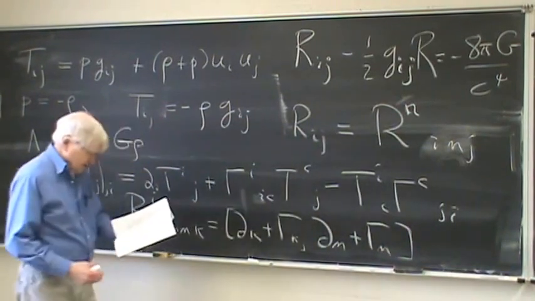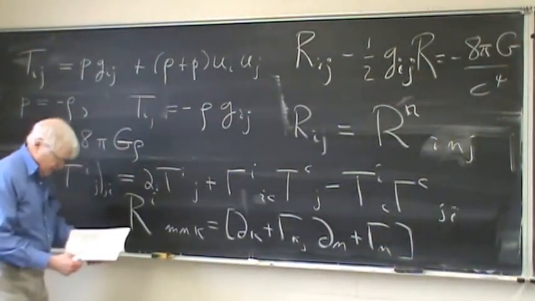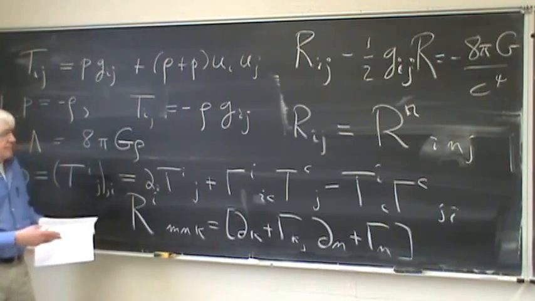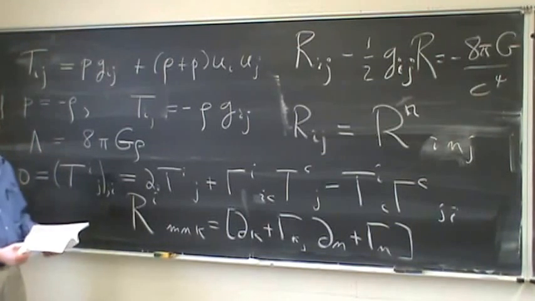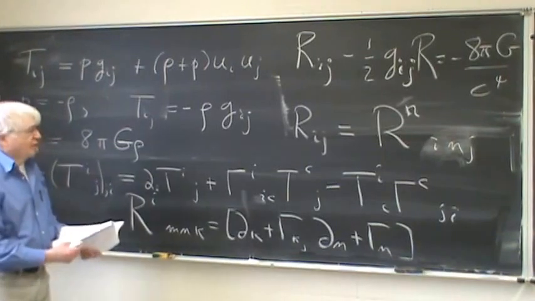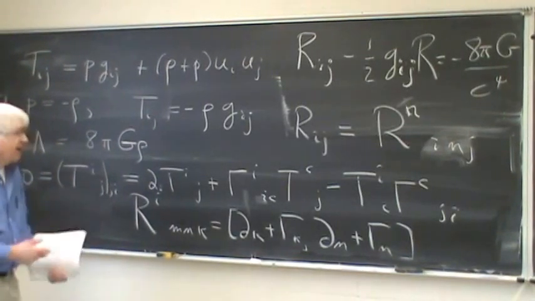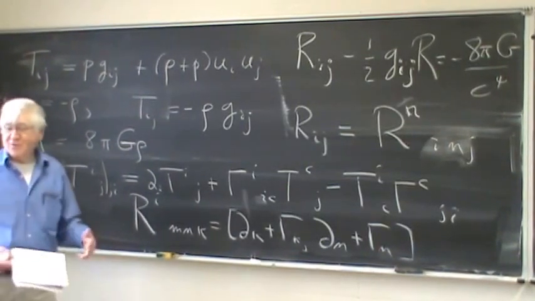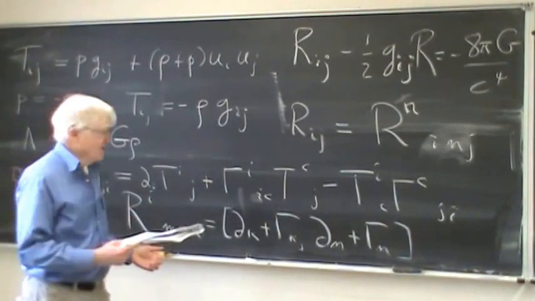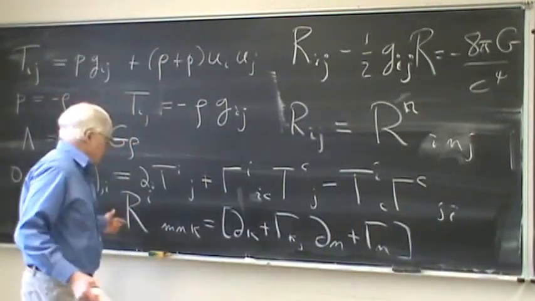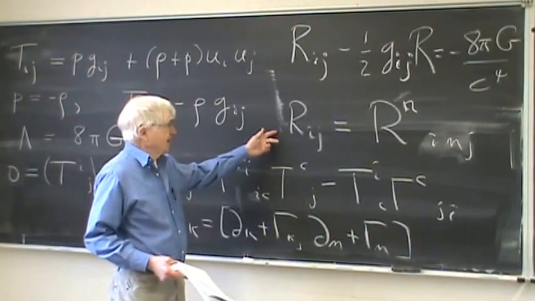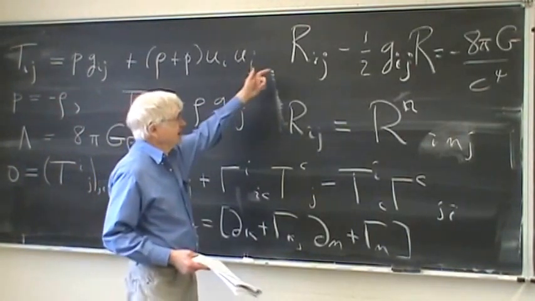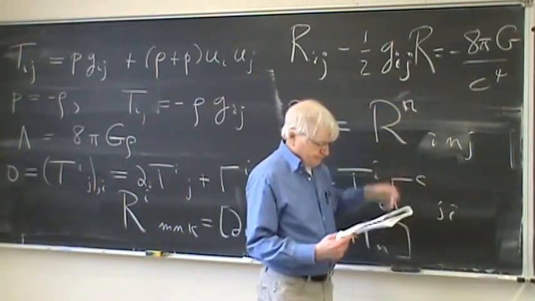And the gammas are 4x4 matrices made up of the Christoffel symbols, and there's equation 11.352 in one version of the notes. I keep updating the notes, and the equations change. So anyway, there's a curvature tensor. You take the trace once, and you get Rij. You take the trace again, and you get R.